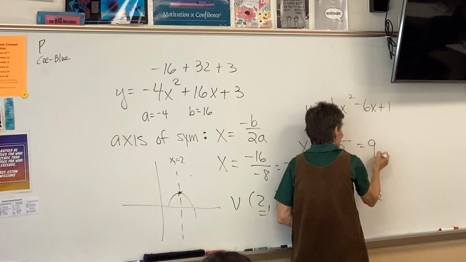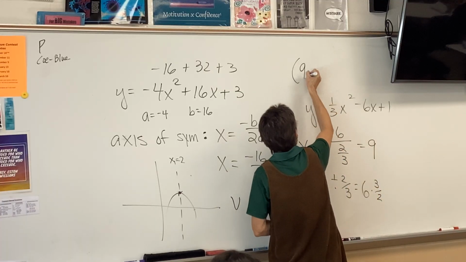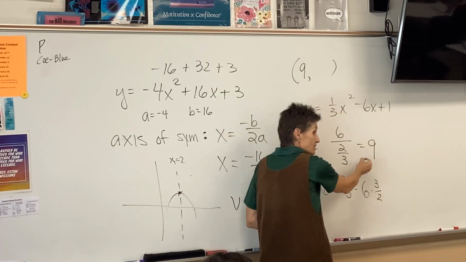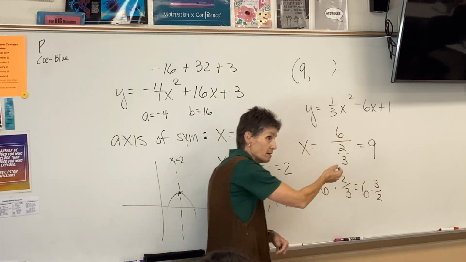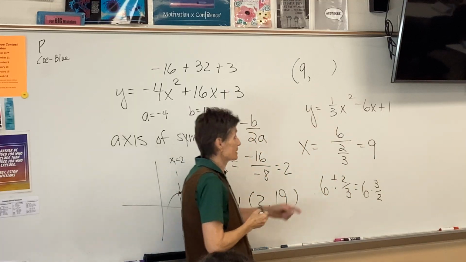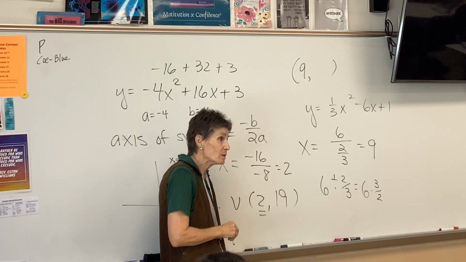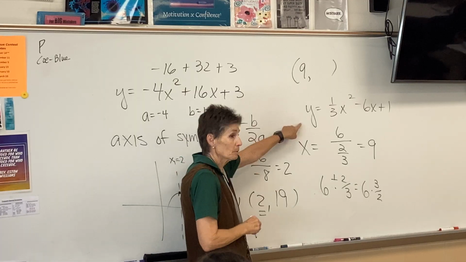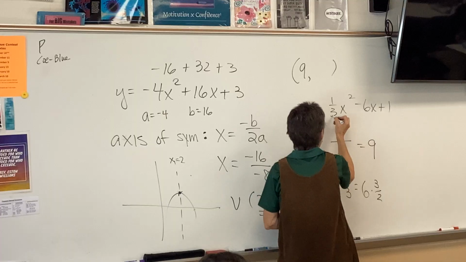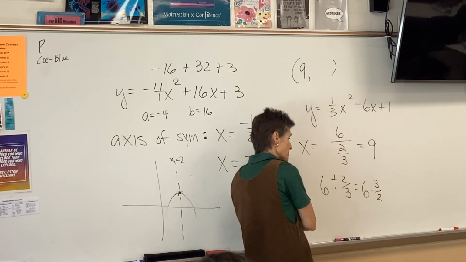So x equals 9. So your vertex, this is your axis of symmetry. x equals 9. Your vertex is 9 comma something. And how do we find the something? Plug in 9. So 1/3 times 81.